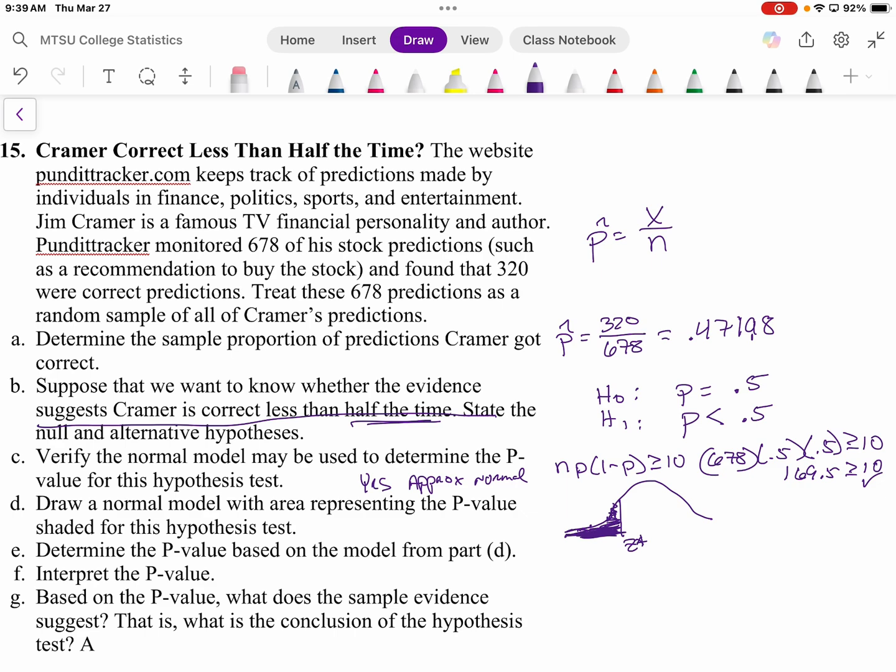To find the critical value associated with that, I would do an inverse norm with 0.05 divided by 2 for the area, so that's 0.025. The mean is 0, the standard deviation is 1, and we are doing a left tail.